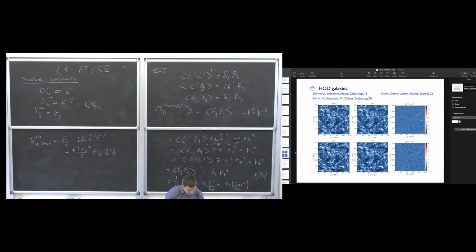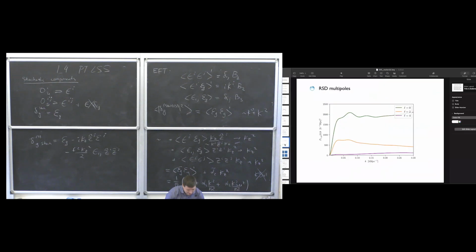Okay, so I prepared here a couple of slides just to illustrate the material a little better. This is the slide that shows the redshift space multipoles that we introduced before. The general physical understanding of the multipoles is that the monopole basically gives you the auto spectrum of the density field.